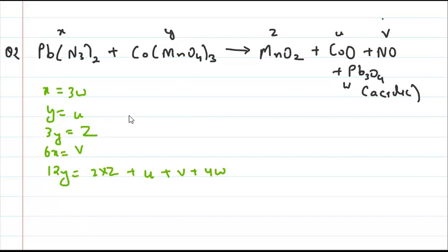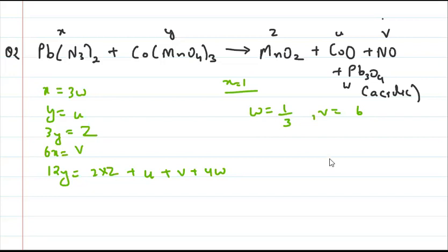Now let's see this. Suppose we take 1 mole of this, suppose we take X is equal to 1. So can I say that W will be equal to 1 by 3? V will be equal to 6.